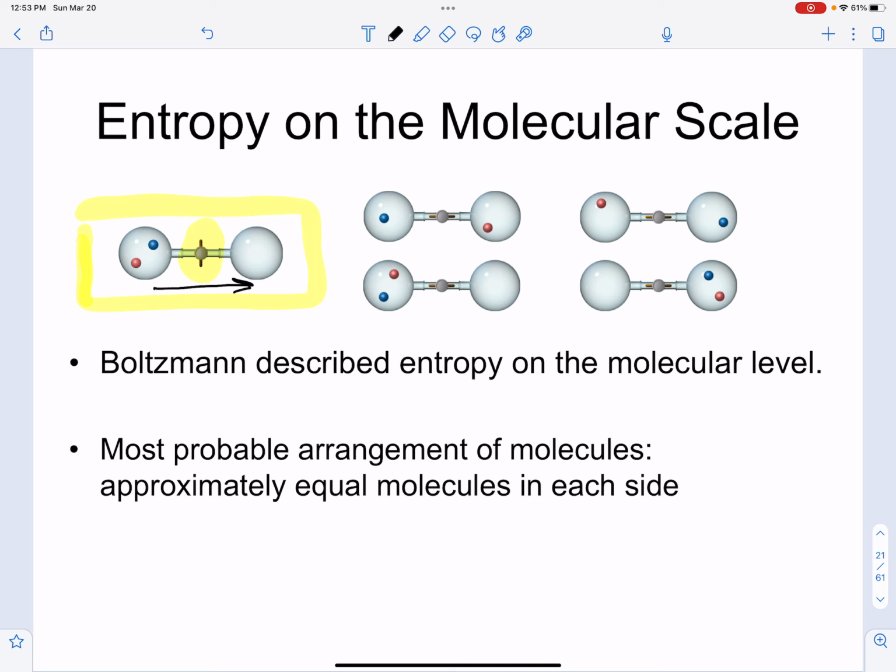In this particular situation, with only two atoms, you're going to have four possible arrangements. We're going to call them microstate 1, microstate 2, microstate 3, microstate 4. Based on probability only, you have four different situations, and each one of them is what we call a microstate.